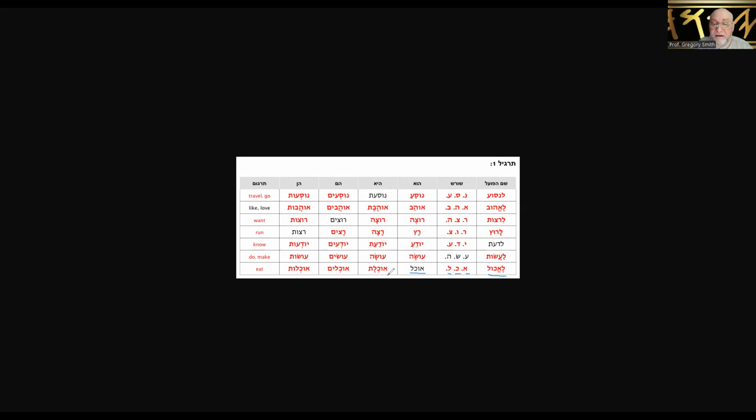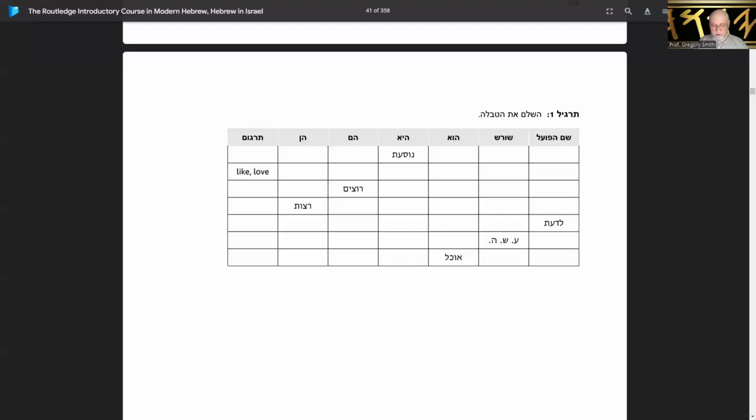She is eating, ochelet. Hem, ochelim, they are eating, masculine or mixed plural. Hen, ochlot, they are eating, all women. And then what is the tirgum? It means to eat. Okay. All right, guys, I think that's pretty good.